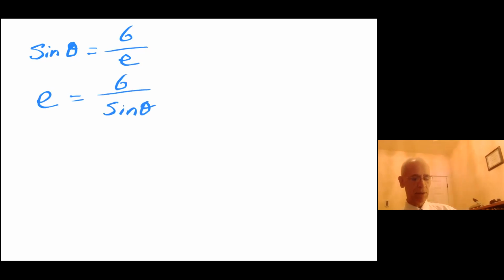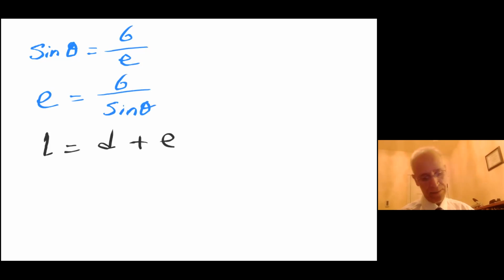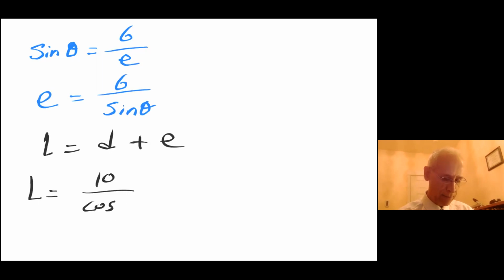And remember that we said L equals D plus E. If I make that substitution, I have L equals D from the previous page, which was 10 over cosine of beta, plus 6 over sine of theta.